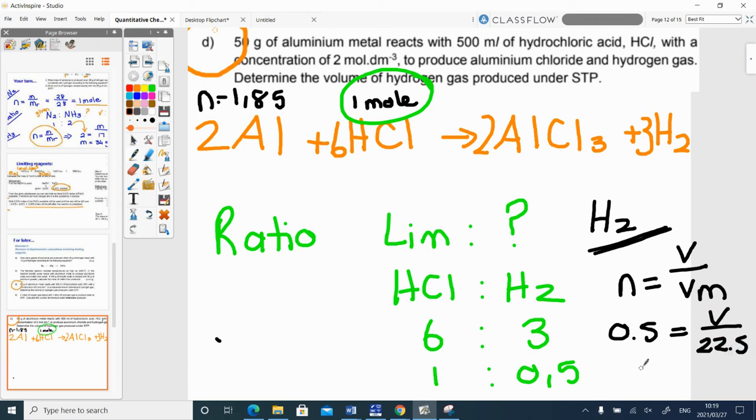So that's going to be what? 11.2. What's the unit? Volume. Oh, sorry, guys. 11.2 decimeters cubed.